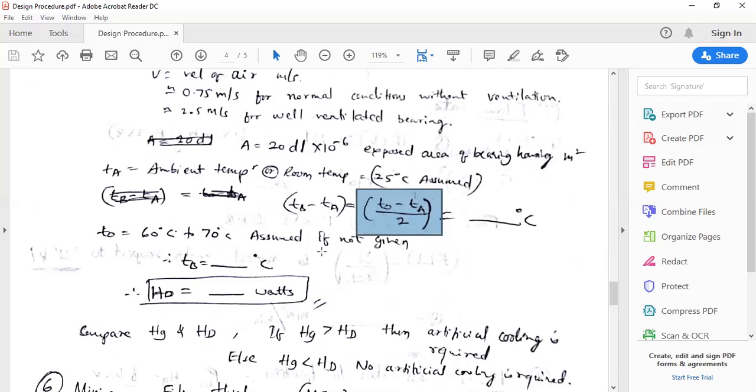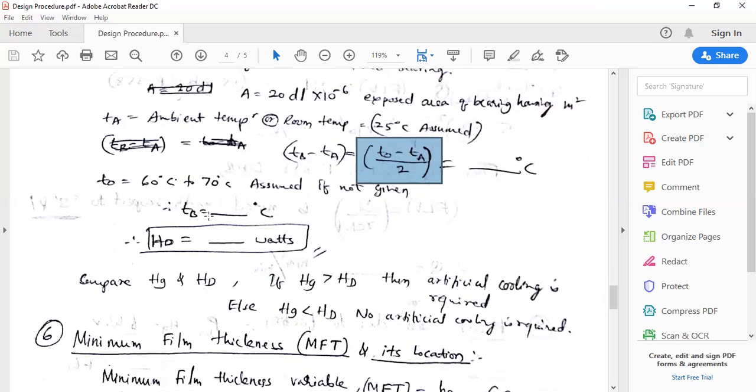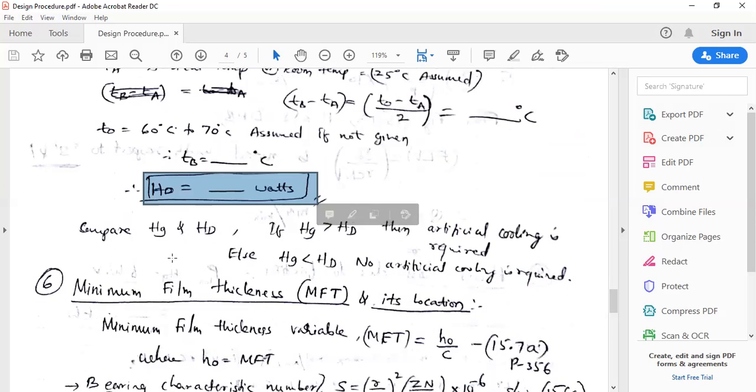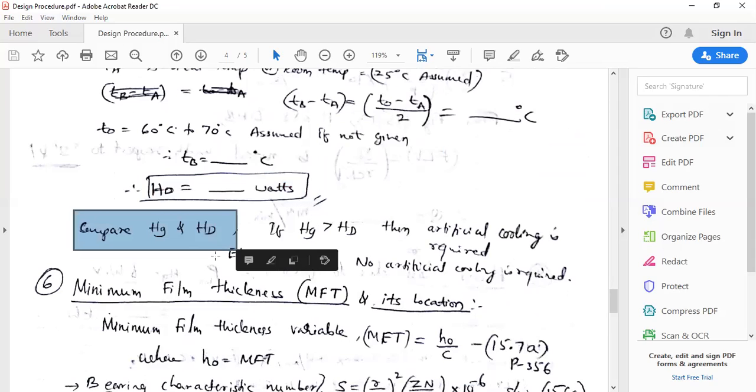T naught is the operating temperature, and TA is the room temperature, 25 degrees centigrade. So divide that difference by 2, and that is the TB minus TA difference. Otherwise we can calculate TB and substitute in the above equation and get the value of HD, that is heat dissipated, and compare the values of heat generated and heat dissipated.